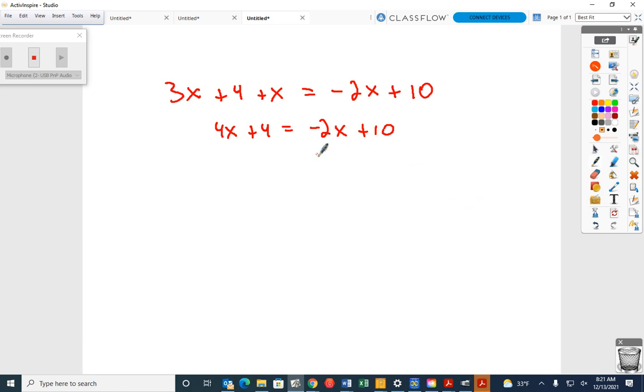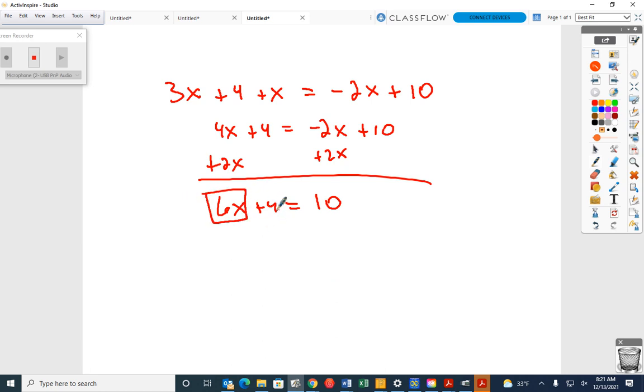So if I add 4x here, I'm sorry, if I add 2x here and I add 2x here, that gives me 6x plus 4 equals what? 10, right? And then what did I turn this into? A two-step equation, right? So this is in my box. How do I get rid of plus 4?